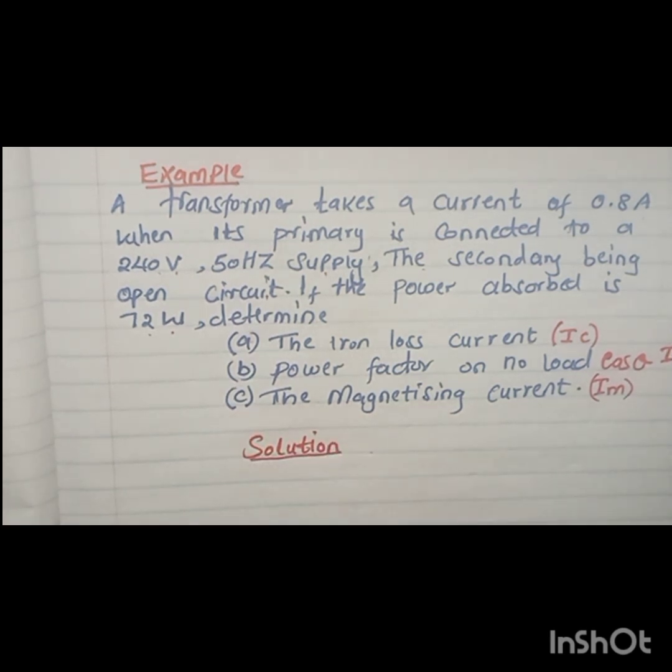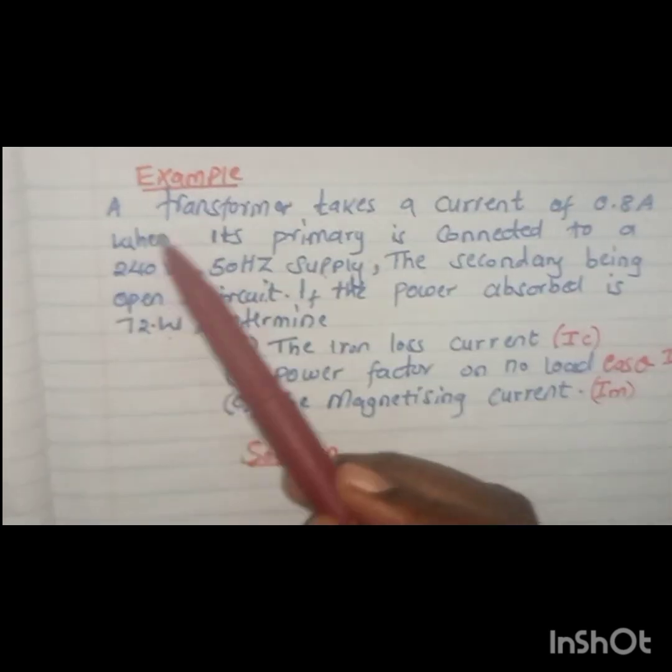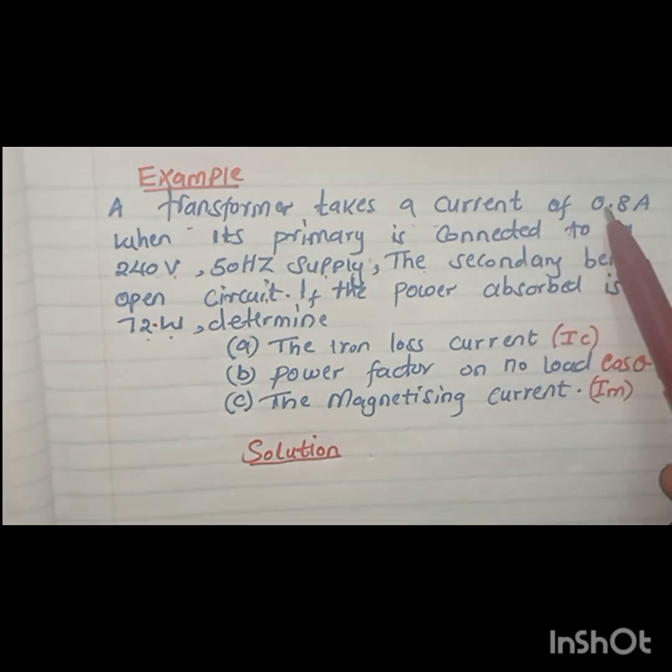The first thing, we are going to highlight what we are given, and just read the question again as I highlight. A transformer takes a current of 0.8 amperes. This current that is taken by a transformer is always our I naught.